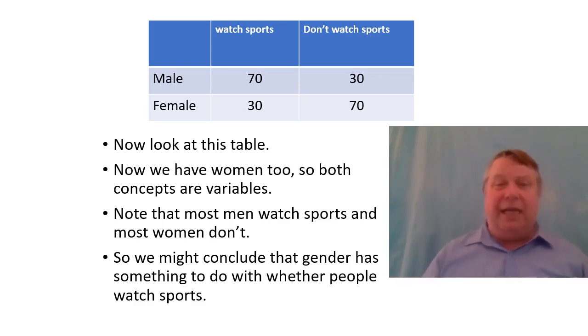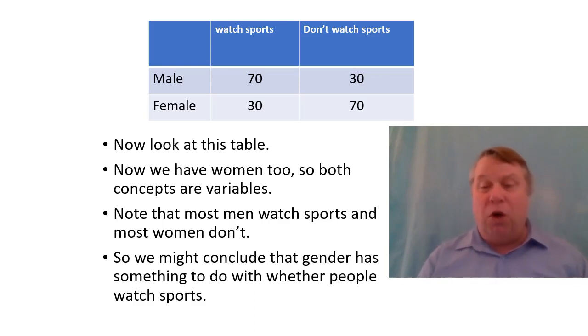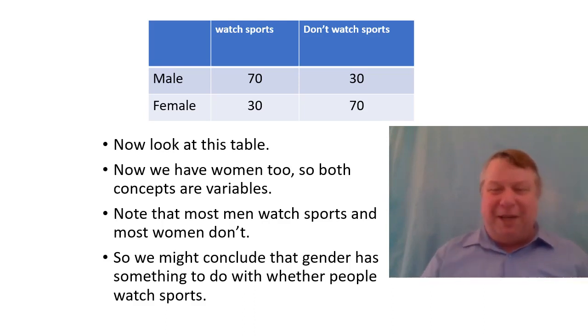So now we can say, okay, more men watch sports than women because 70% of the men watch sports, only 30% of the women watch sports, and vice versa for don't watch sports. So now we conclude that gender has something to do with whether or not people watch sports. Now, just as a note, I just made these numbers up. So don't go around telling people that men watch sports more than women. It's just made up.